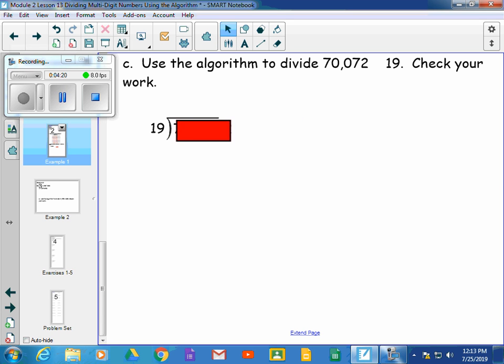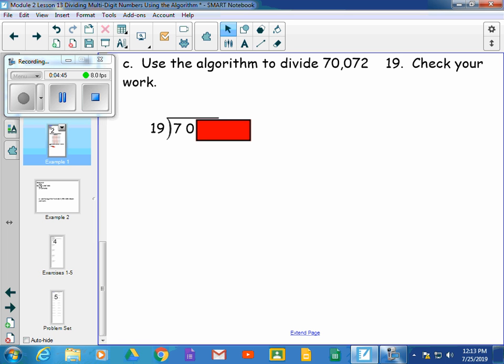I'm going to reveal one digit at a time from my dividend. And I'm going to ask myself, how many times does 19 go into 7? Well, it doesn't go in there at all, not a whole time. But I don't put a 0 above it, because I don't start my whole numbers with 0. I'm just going to simply reveal another digit.